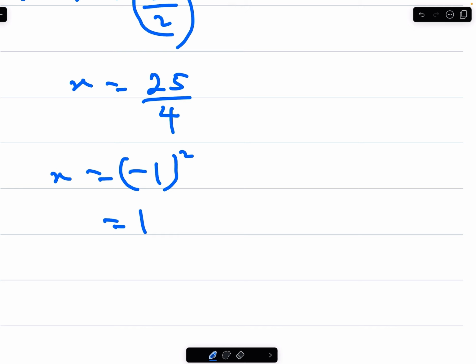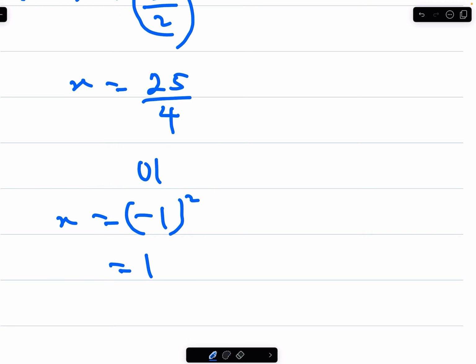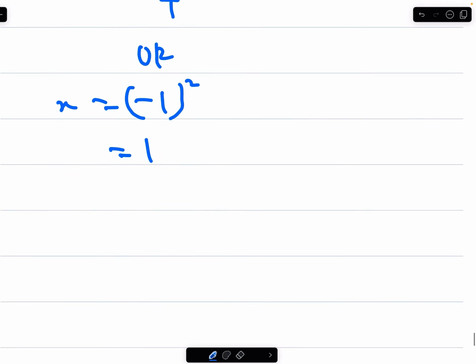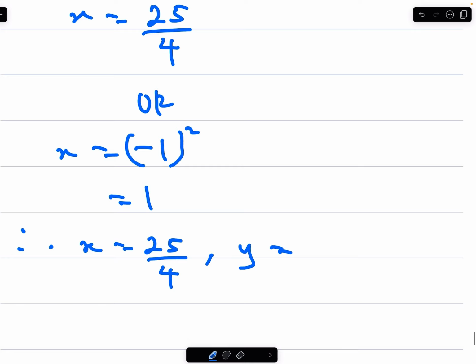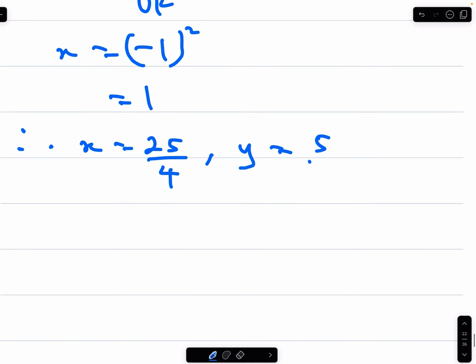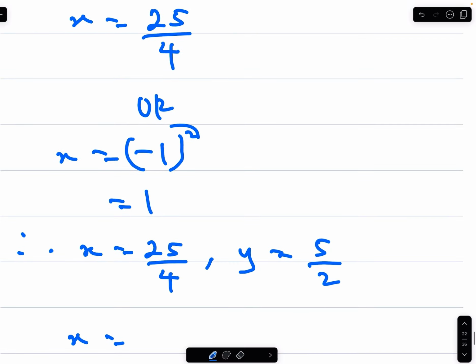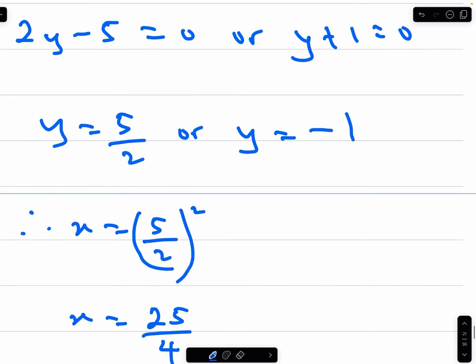So when x is 25 over 4, y is equal to 5 over 2. And when x equals 1, y equals minus 1.